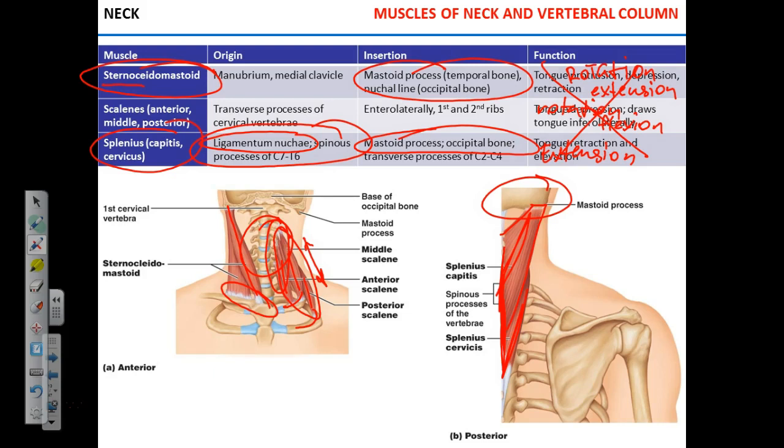Interesting thing about these muscles, the neck muscles. There are studies, for those of you who play contact sports, especially American football. Strong neck muscles were shown to reduce the risk of concussion.